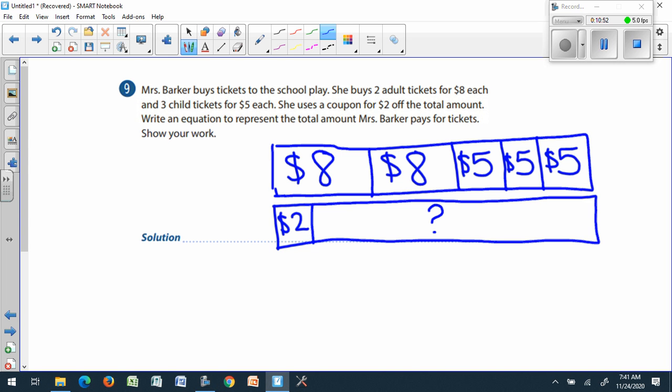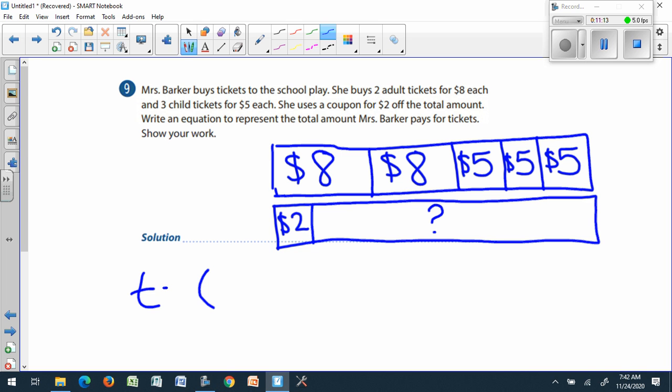Okay, so I think we need to start with the top part first, okay? Again, we're going to use equations and parentheses to do this. So let's figure out how much the adult tickets would be. So I know that so let's do tickets, right?